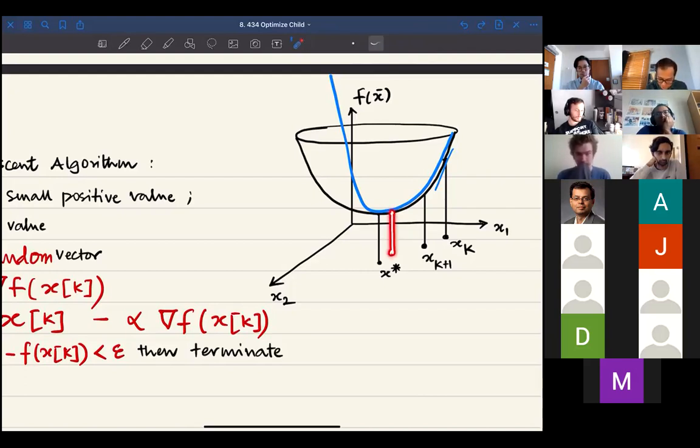Suppose you're here, and alpha takes you here. Now, the question is, are you going to go above this point or below this point?